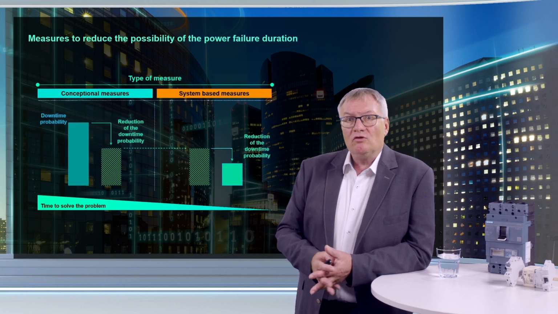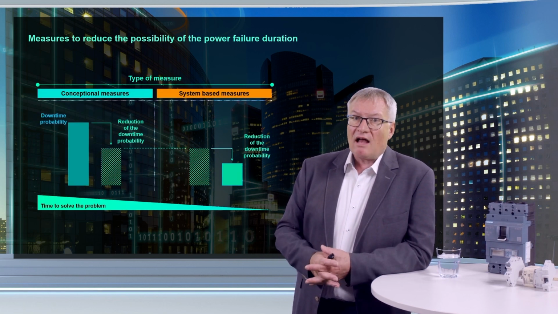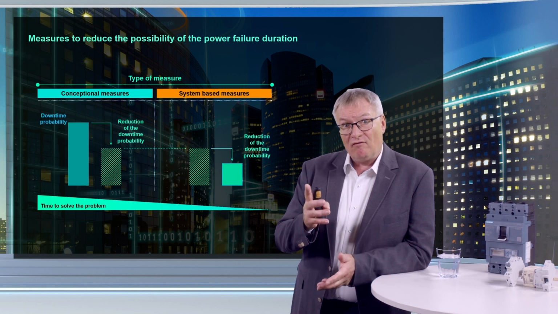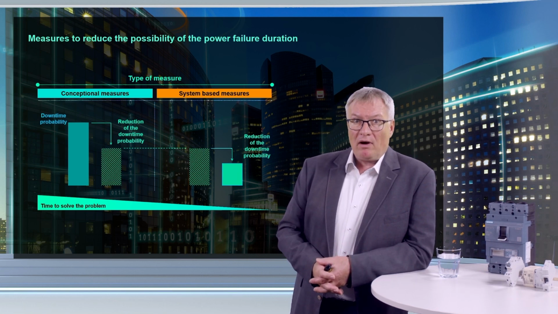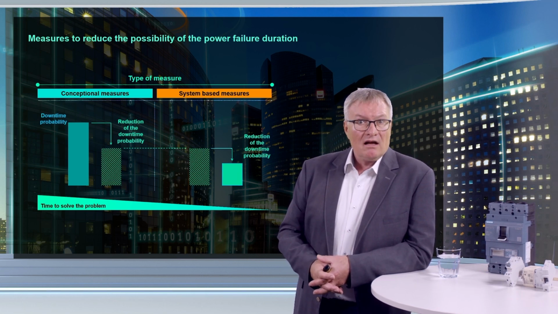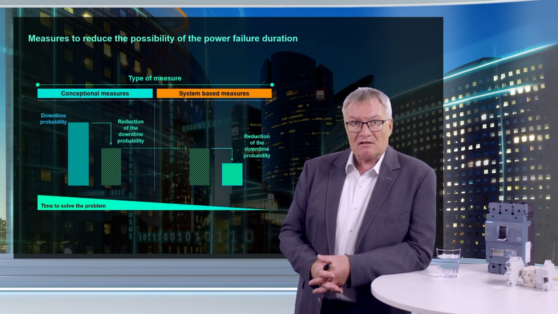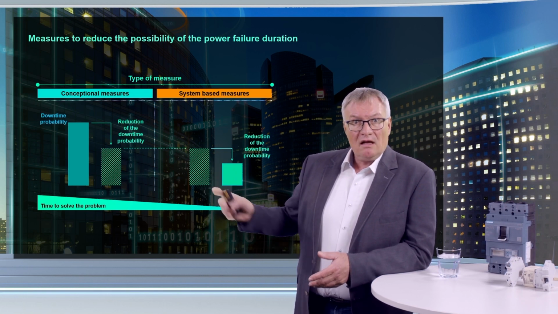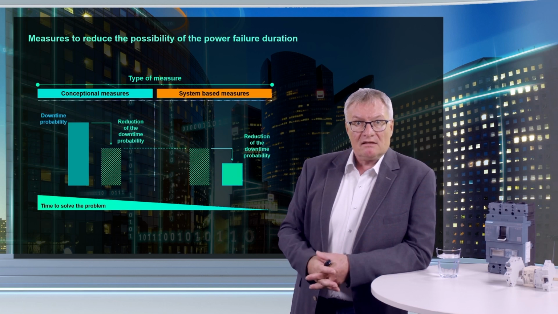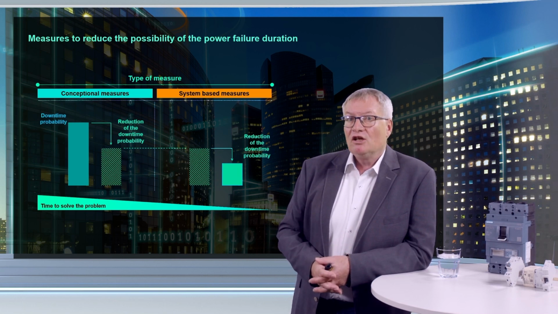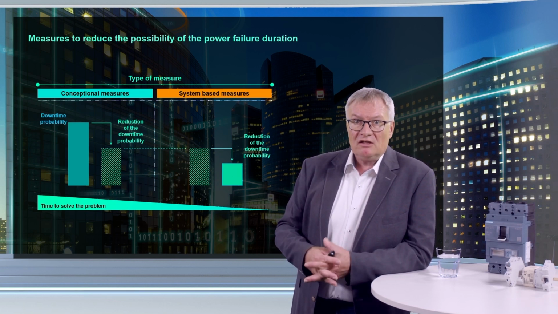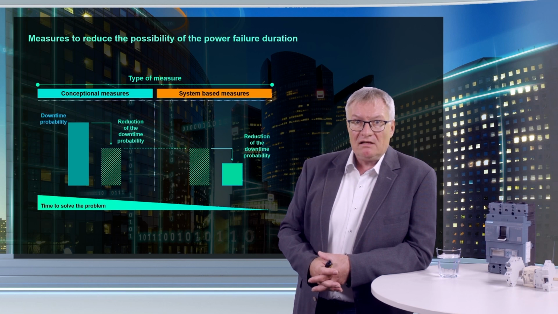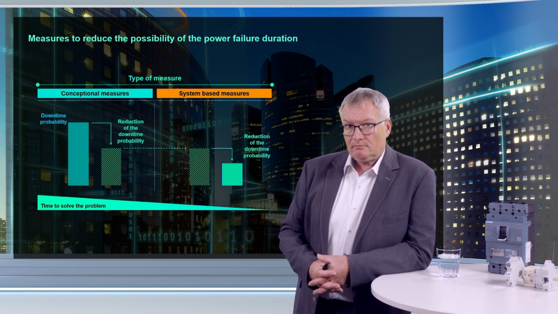In order to reduce the duration of interruptions after a fault and, if necessary, failure of parts of the electrical supply, a large number of different measures have proven their worth. In addition to conceptual measures, system technical measures should be included in the decision on the required availability during the planning phase.